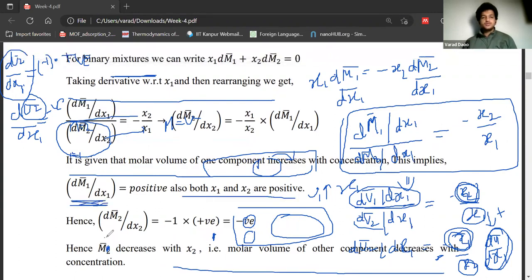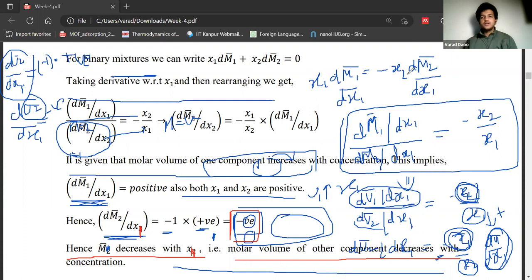So dm2 bar by dx1 is minus 1 multiplied by a positive term, which is going to be a minus, right? And hence m2 bar decreases, so here it has to be x1, with respect to x1. With respect to x2 it's going to be positive, whereas with respect to x1 it is going to be negative, right? So the molar volume of the other component decreases.